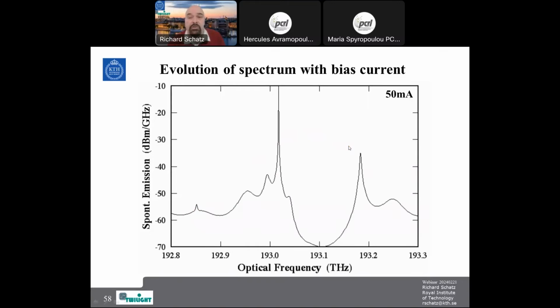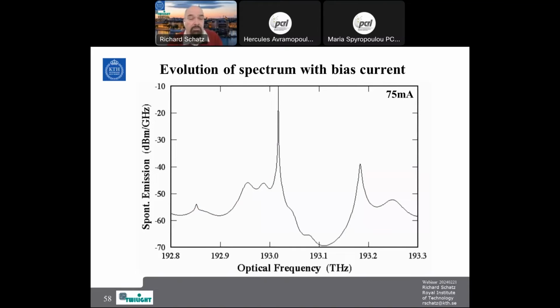At 50 milliamp, we see the resonance frequency increases, and it goes towards this side mode we have here. Here we have a cavity resonance, and you see the resonance frequency is moving toward that. It increases with bias and goes closer and closer.